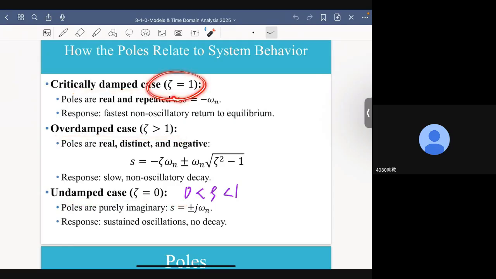One is eta equal to 1. The other is eta larger than 1. And the third is the value of eta between 0 and 1, okay?